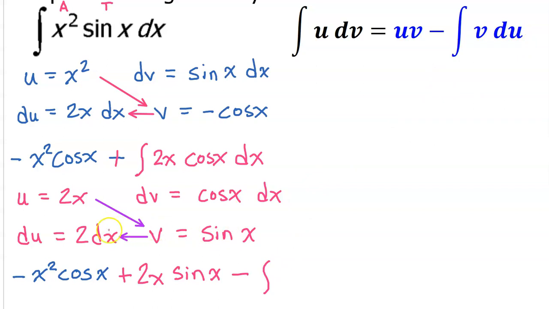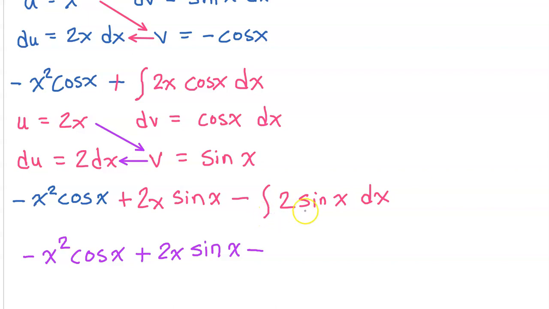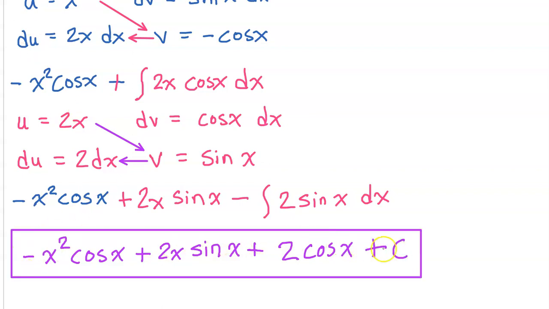That's this times this, which I will write as 2 sine x dx. This is something we can integrate. Let's bring out the 2, and the antiderivative of sine is negative cosine. The negative is going to turn this minus to a plus, and we have plus 2 cosine x plus C. So this is the final answer.